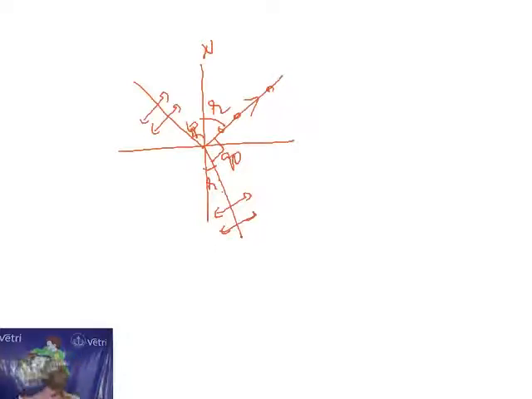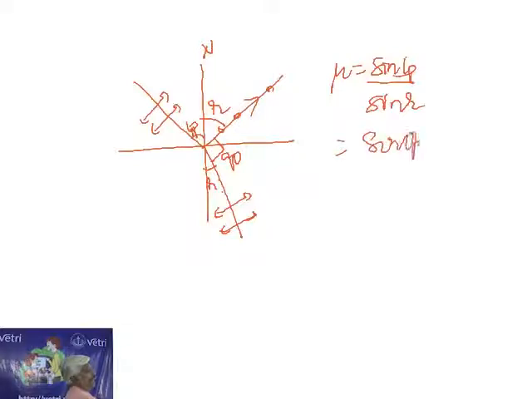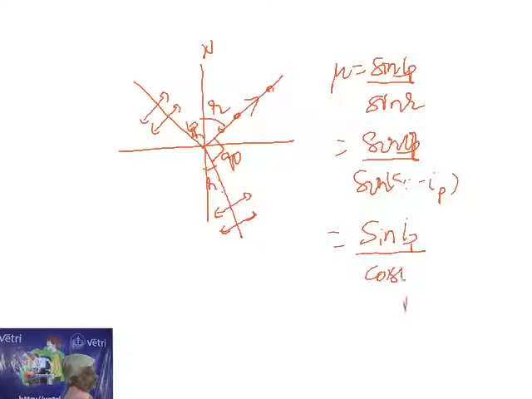Therefore, R plus 90 plus IP is equal to 180 degree. From which IP can be written as 90 minus R, or R is 90 minus IP. Therefore, from Snell's law, mu is equal to sin IP by sin R, or sin IP by sin (90 minus IP), or sin IP by cos IP.